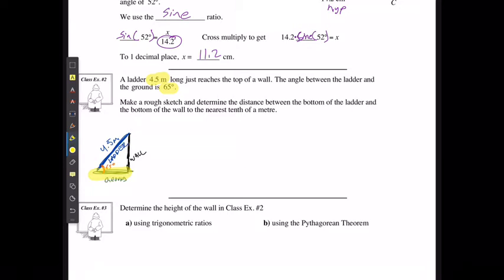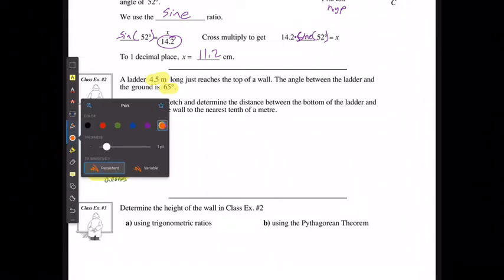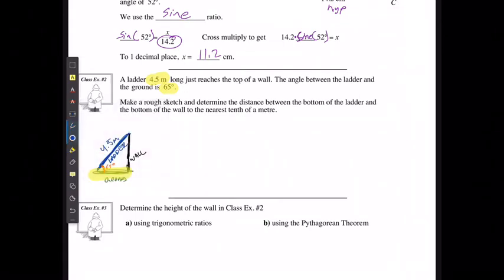Given the information that I have, in this case, I can state that I know my hypotenuse is 4.5, and I'm trying to solve for my adjacent based on the angle that I know.